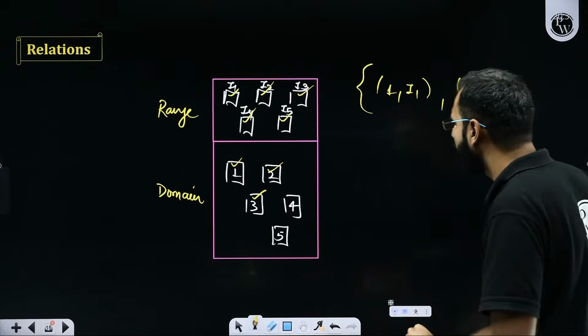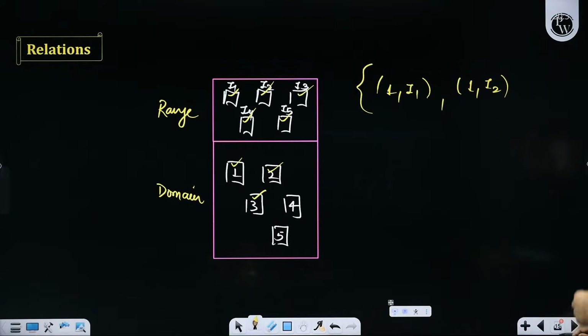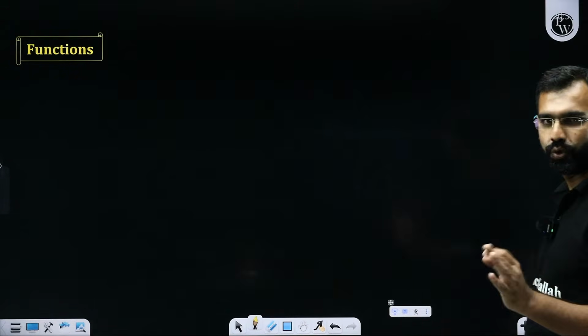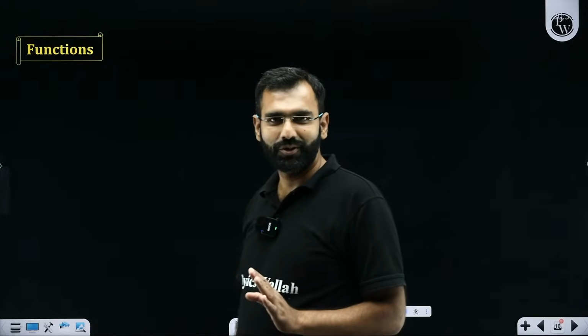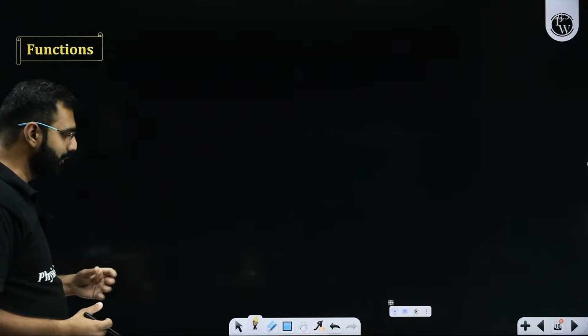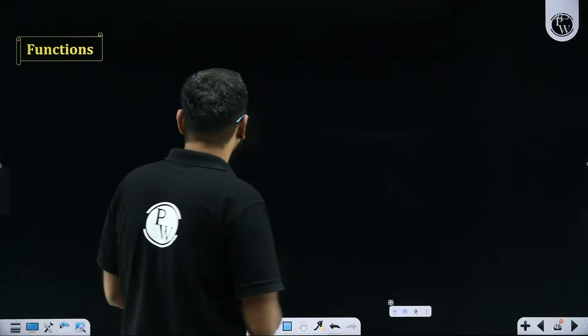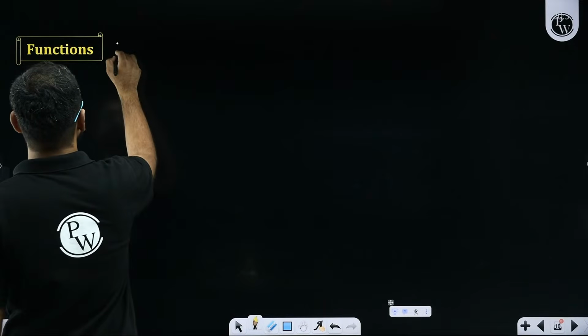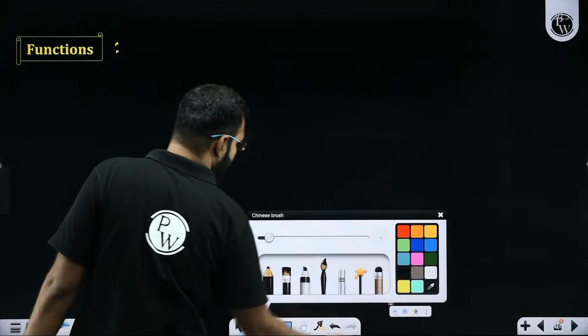Yes or no? So now, if somebody asks me, sir, please define functions. I hope so far everybody has understood relations comfortably. Sir, what do you mean by function then? How do you define function? So a function is defined as a special case of a relation.